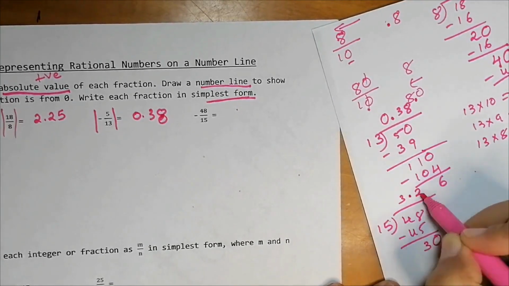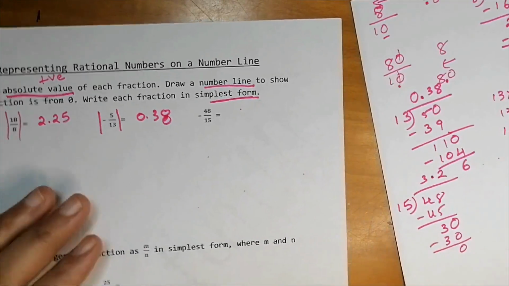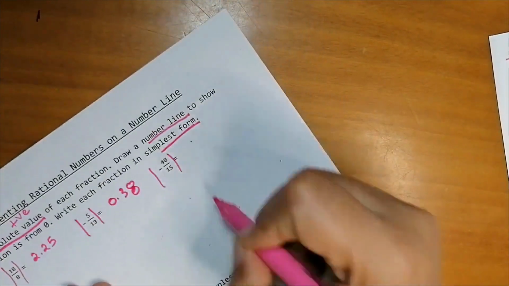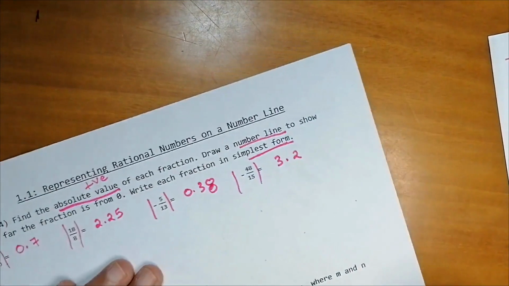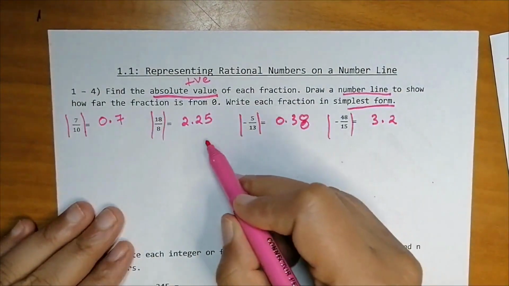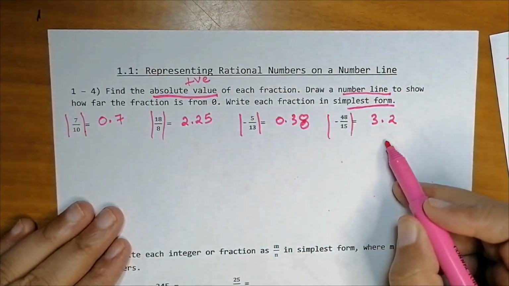And 15 times 2 is 30. Terminating, right? So this is absolute value we are talking about. And this will be 3.2. Okay, so these are our four values: 0.7, 2.25, 0.38, and 3.2.